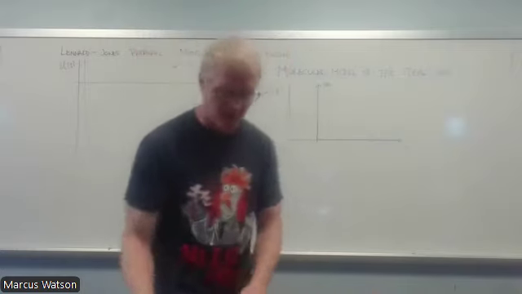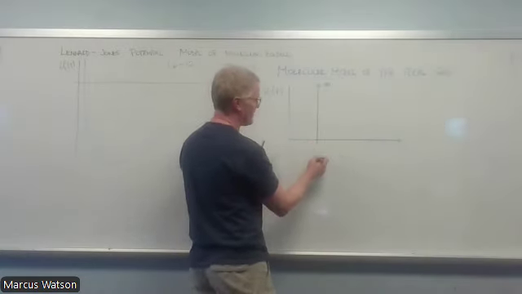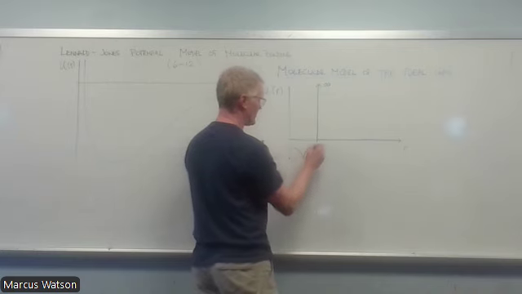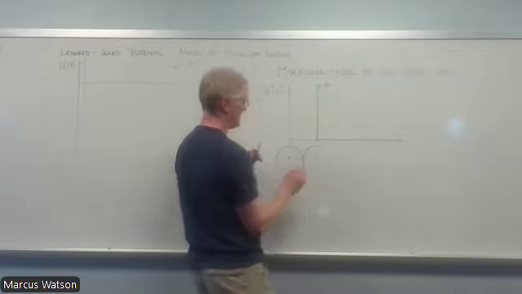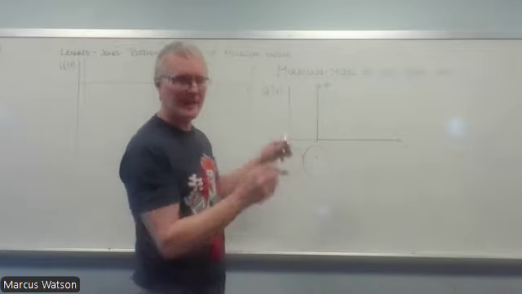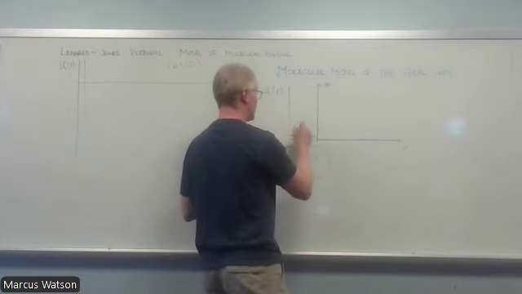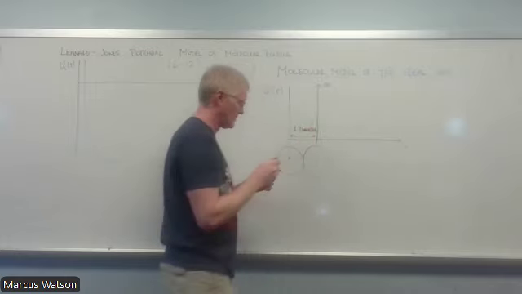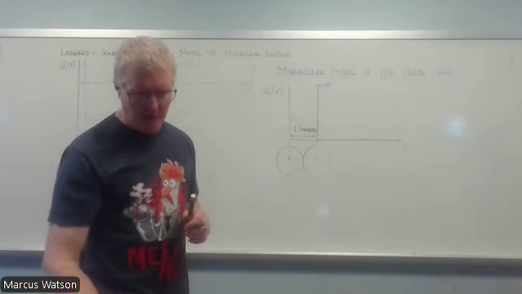In other words, you'd have the center of one of the molecules or atoms here and the center of the other one here. It looks like that. When they hit together, the centers are a diameter apart.